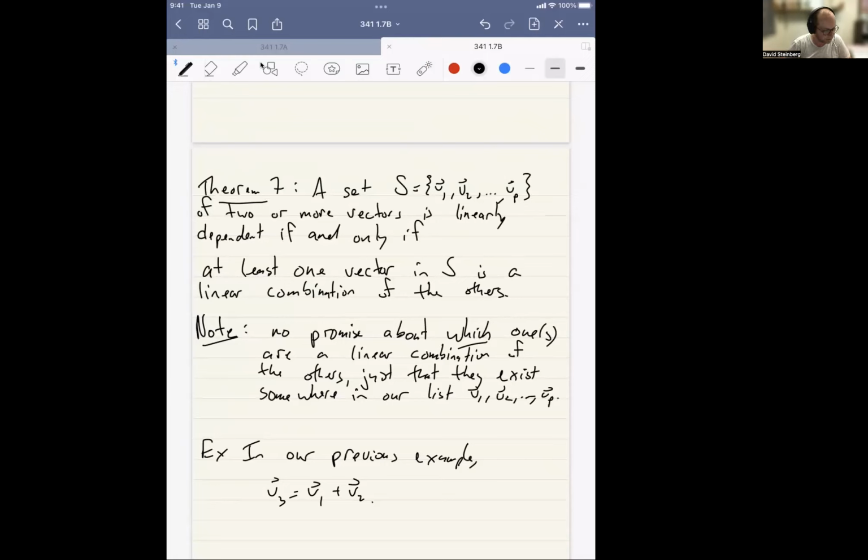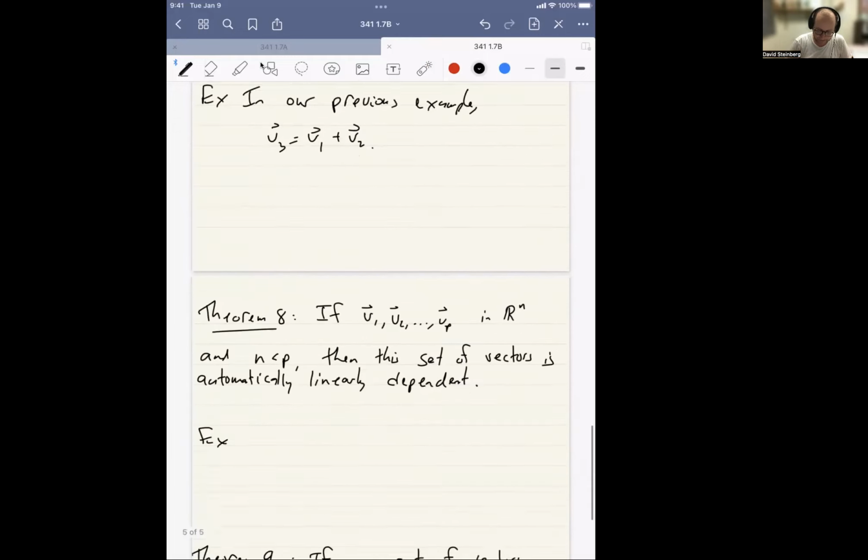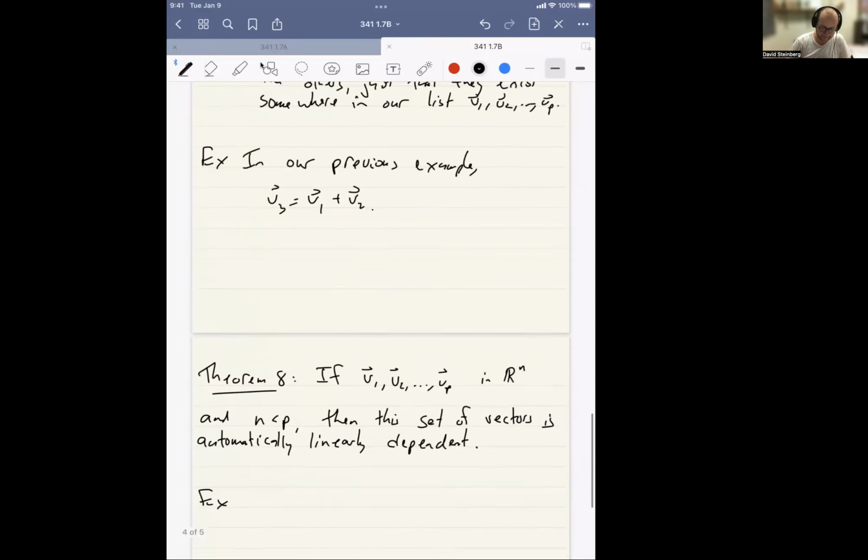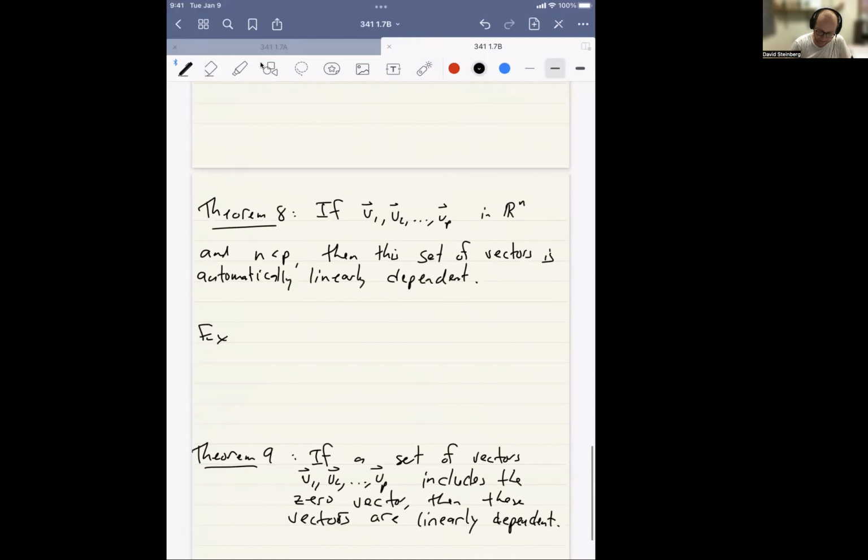I've got a couple more theorems. These are mostly little shortcuts to deduce or exclude linear independence. So if we have, again, vectors v1, v2 up to vp in Rn, and n is less than p, it means if we have more vectors than there are dimensions in the space, then we automatically have linear dependence.